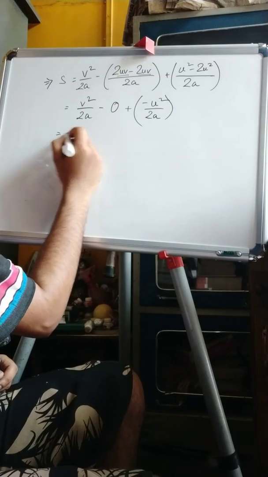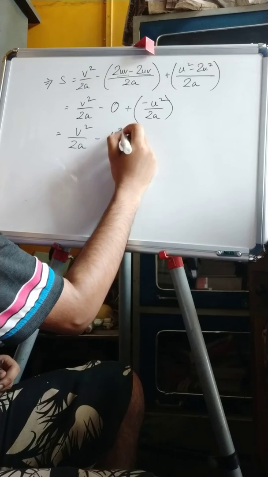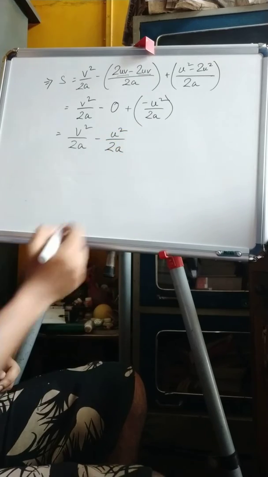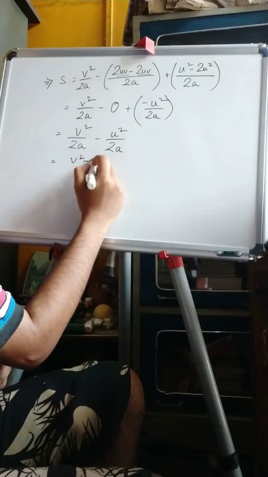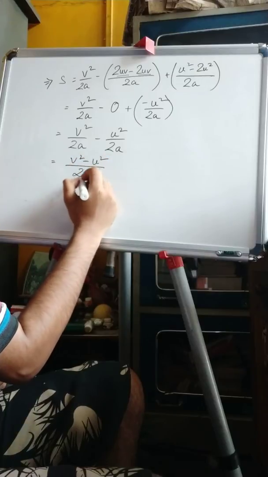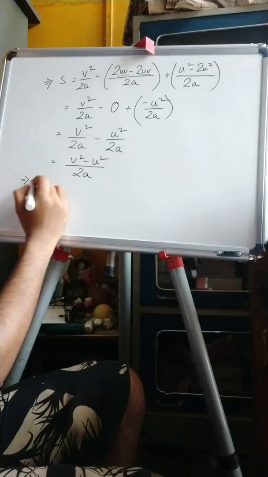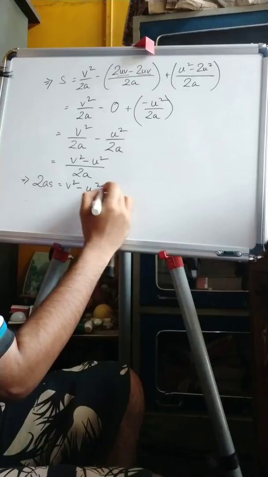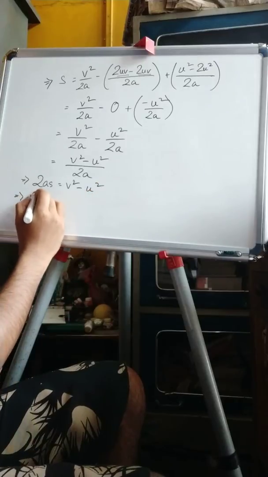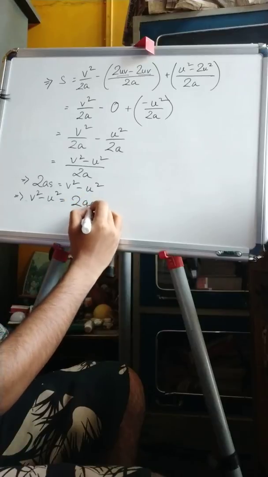Right? In the next step it would be v square by twice of a minus u square by twice of a. Right? Now if we take the LCM, it would be v square minus u square by twice of a. If we take the twice a to the other side, it would give us twice of as equal to v square minus u square, which we can write as v square minus u square equal to twice of as.